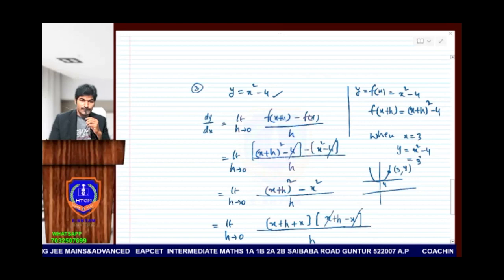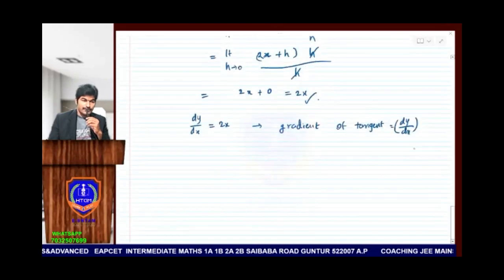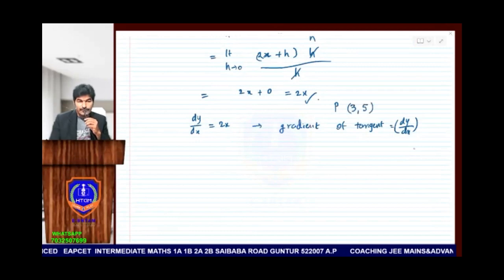So 3 square is 9, 9 minus 4 is 5. Therefore we get that point, let us say P. X is 3 and according to the definition the value of y is 5. Understood?